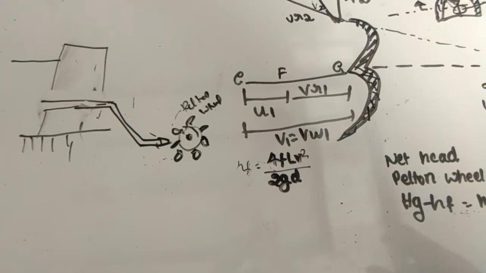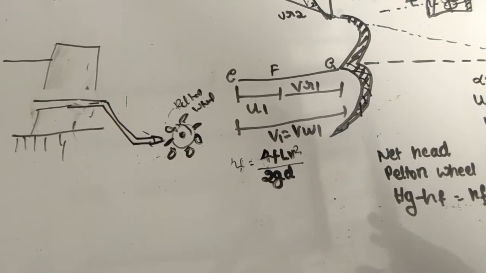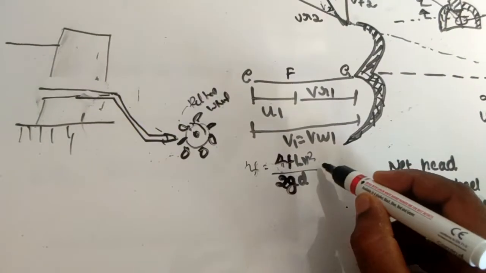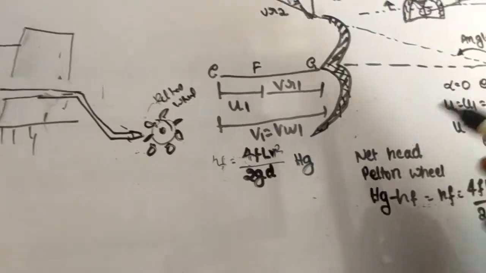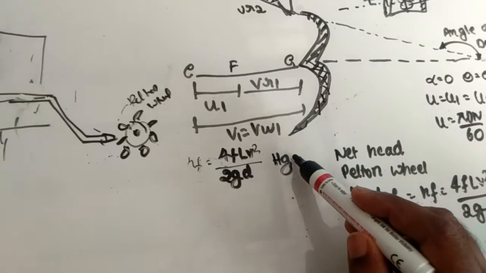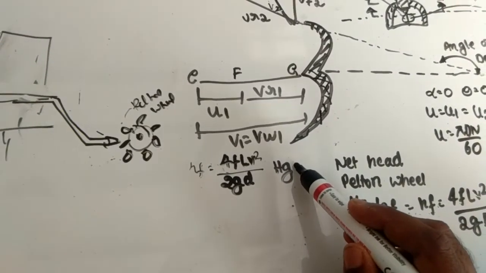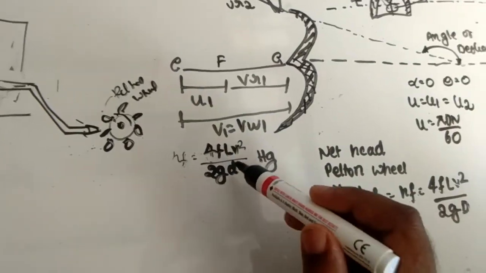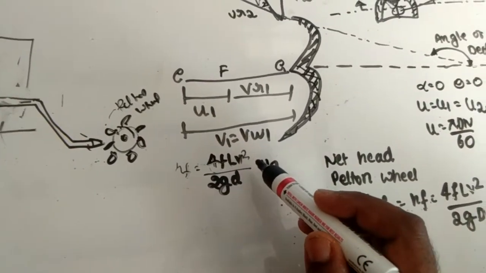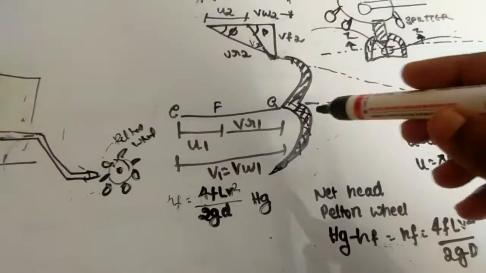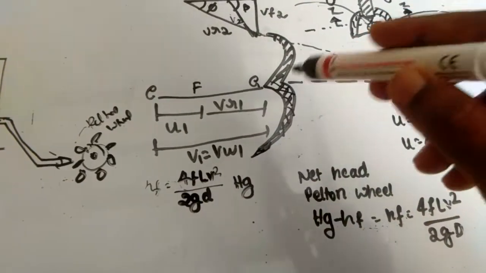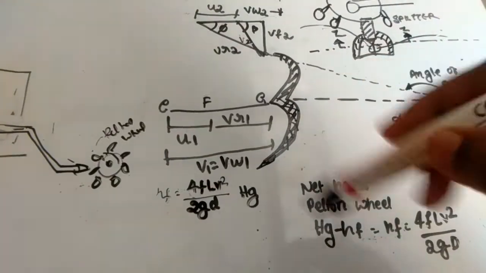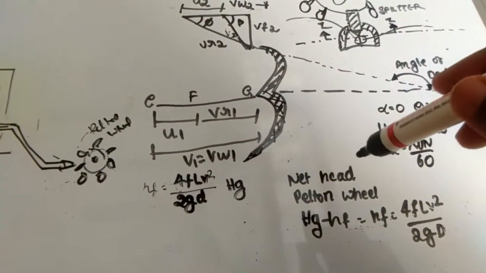How much head is in that dam is called the gross head, Hg. After some losses take place, if we subtract these losses, we get the net head.